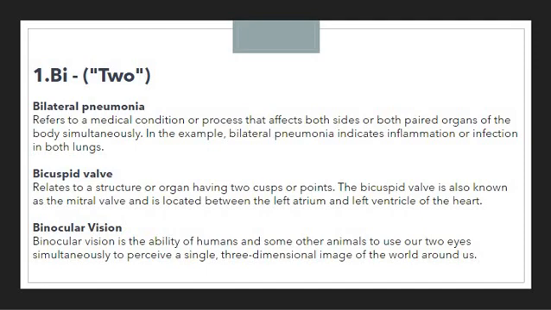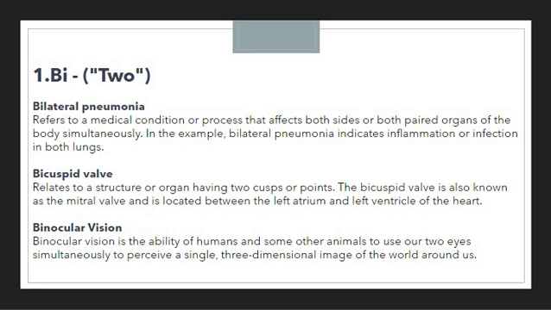Next is bicuspid valve. It relates to a structure or organ having two cusps or points. Whenever we want to denote something as having two cusps, we use bicuspid.